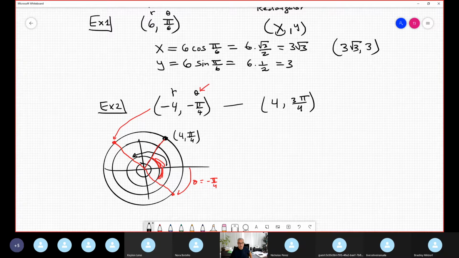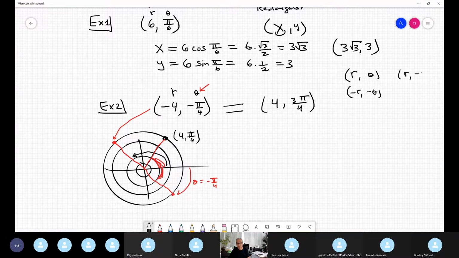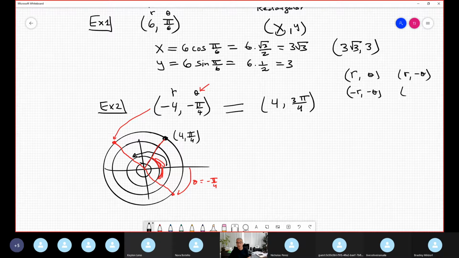So this and this are the same. In polar it's a little bit ambiguous because you have different ways to express the point: using positive radius and positive theta, negative radius and negative theta, and their combinations. The combination is positive radius, negative theta, or negative radius and positive theta. So there is no unique way.